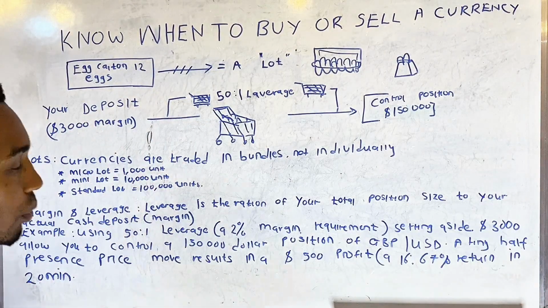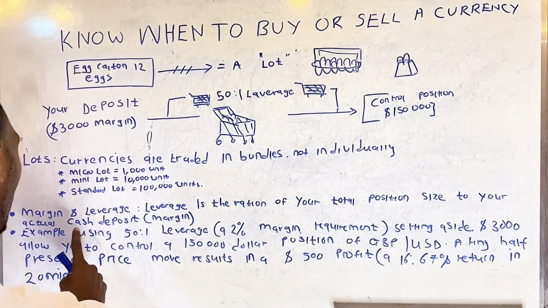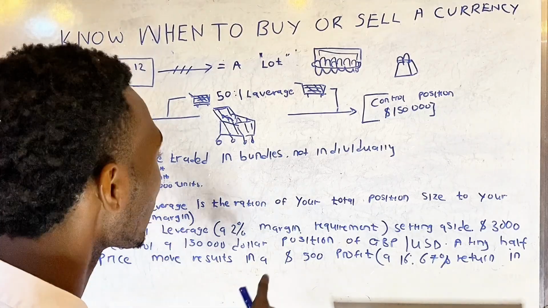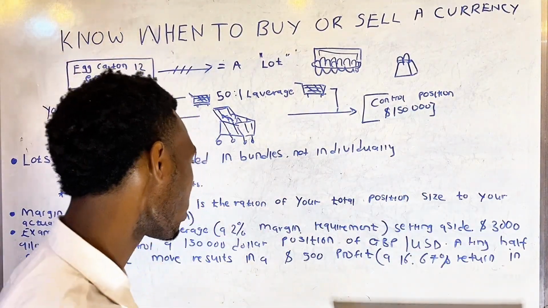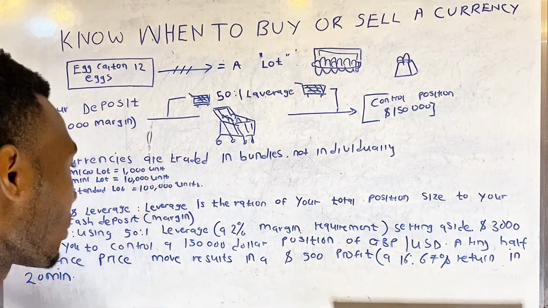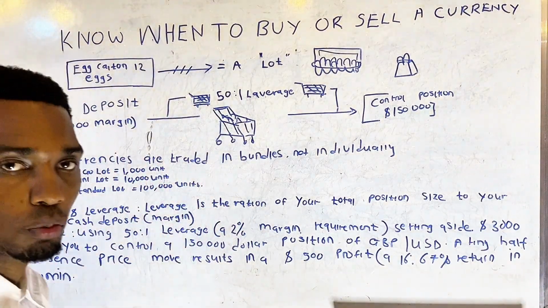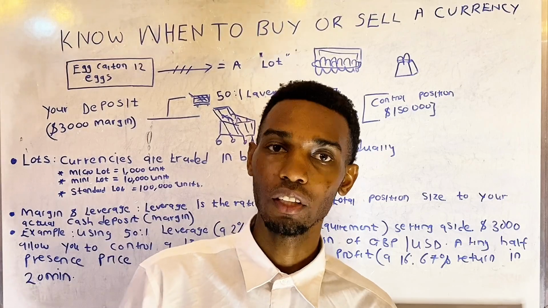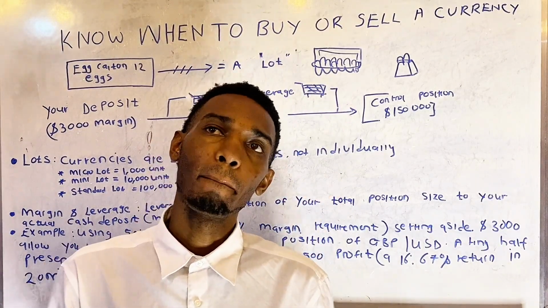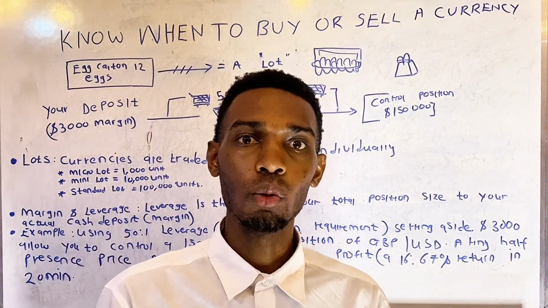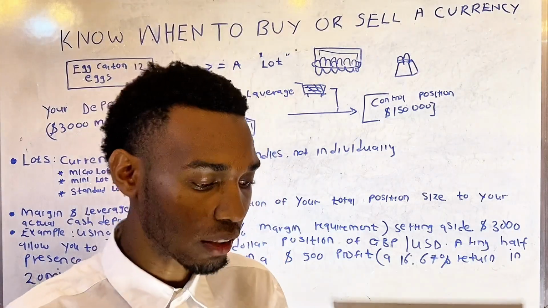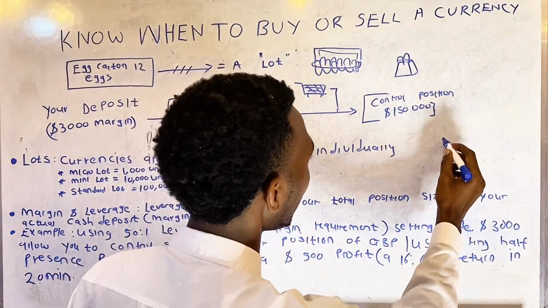Now we will look at margin and leverage. Leverage is the ratio of your total position size to your actual cash deposit, the margin. There are two explanations of margin and leverage. Margin is something that you hold with the broker.